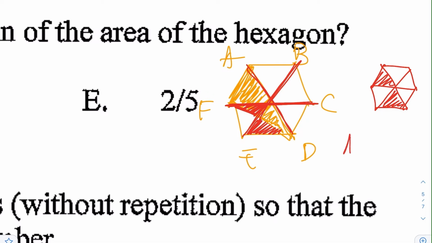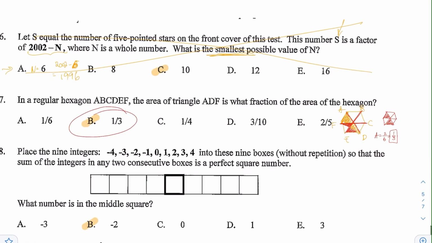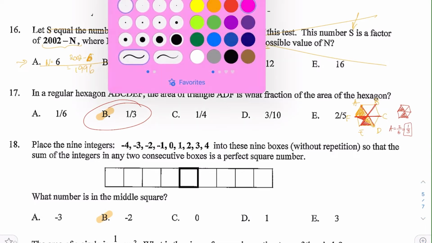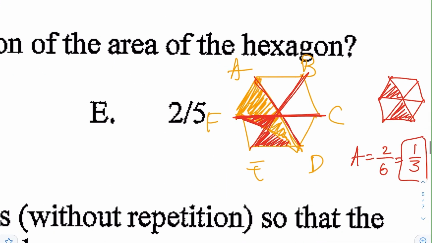So the area is going to be 2 out of 6, or 1/3. Which is choice B. And again, you can take advantage of the symmetry here because a regular hexagon has 6 equilateral triangles, so everything is really proportional. Specifically with the shape on the bottom here, this is a rhombus that kind of got cut into fourths.